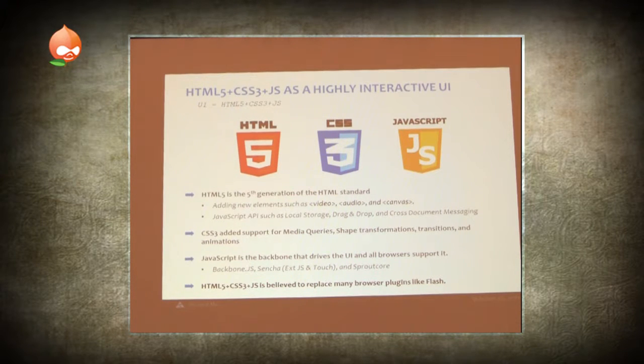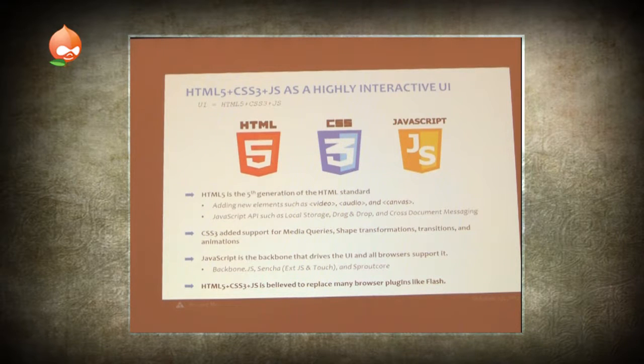Now, CSS3 has added support for media queries, which are used for responsive design. You can also do transitions, sliding back and forth, and transformations: if you have an object shaped like this, you can use CSS to scale it bigger or smaller, and do a lot of transformation stuff.